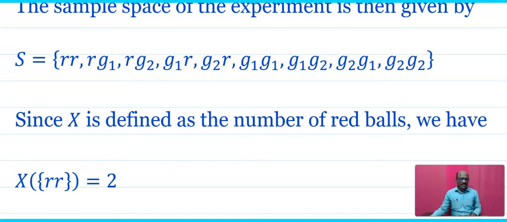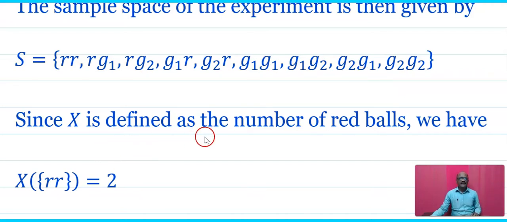I will repeat again here. The outcomes are RR, RG1, RG2, G1R, G2R, G1G1, G1G2, G2G1, and last is G2G2.